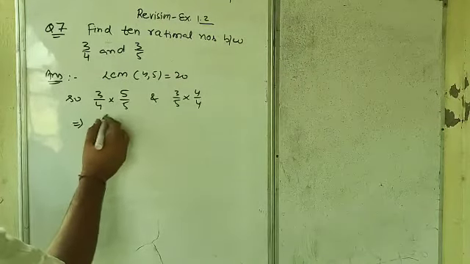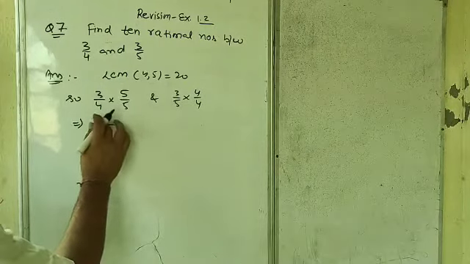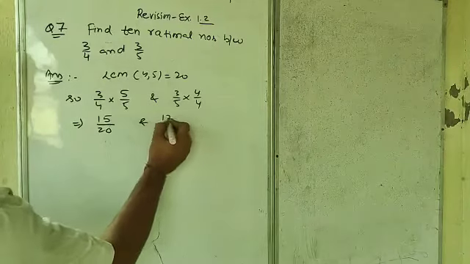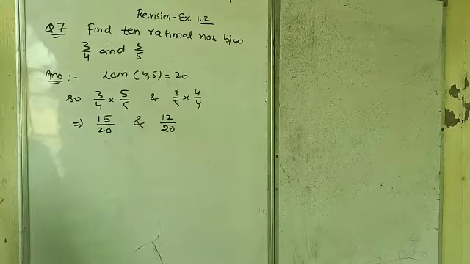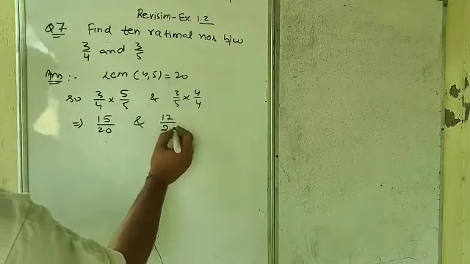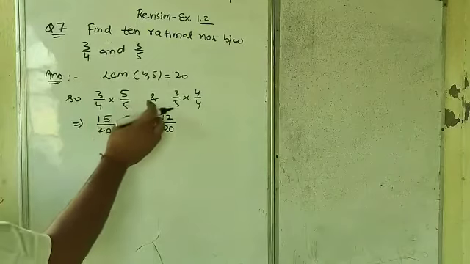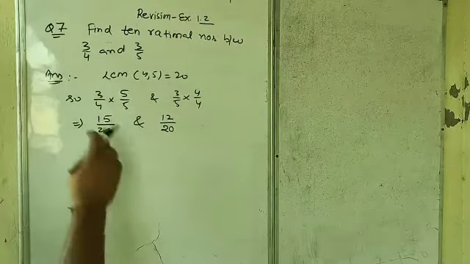So now 15 upon 20 and 12 upon 20. Now how many rational numbers are there? 13, 14. 2 rational numbers. We have to find 10.